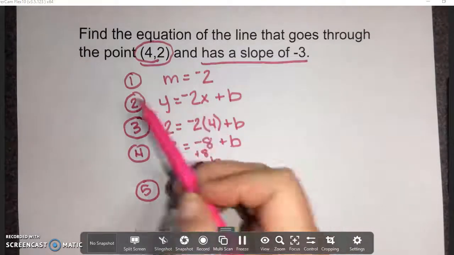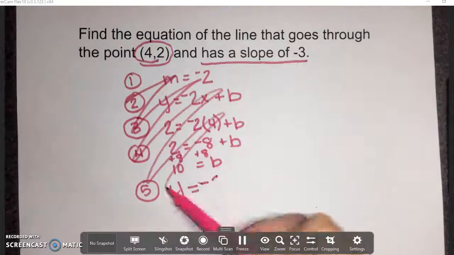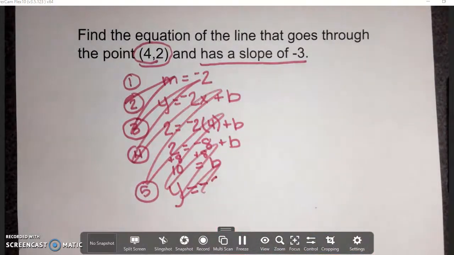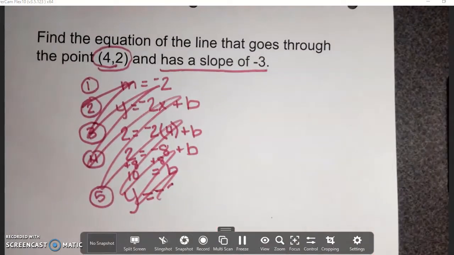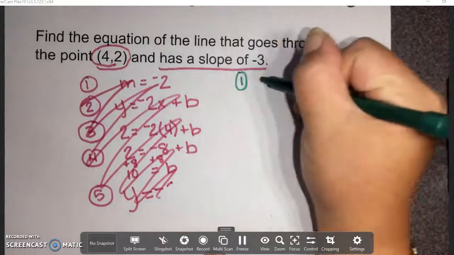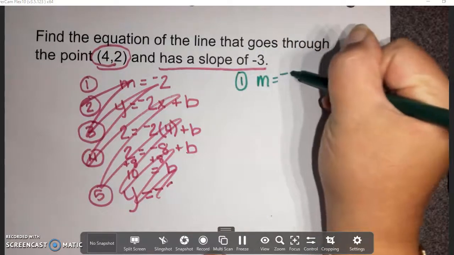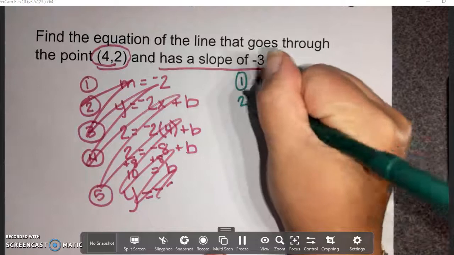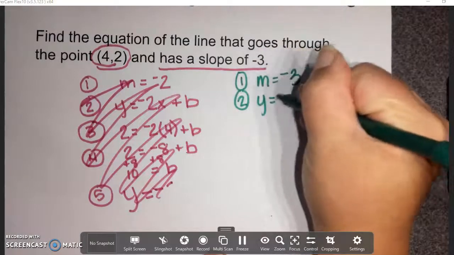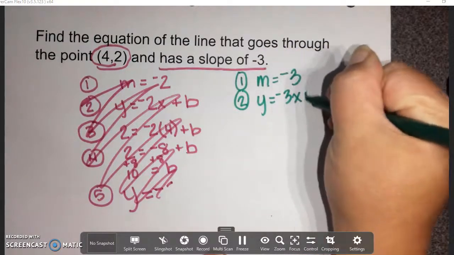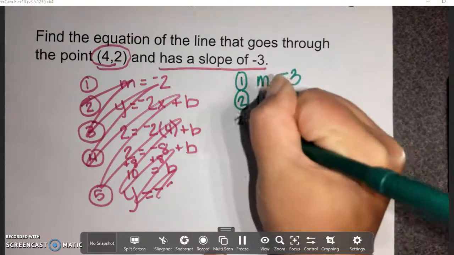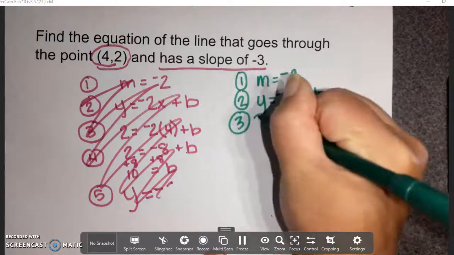Why did I do -2? Y'all, I need y'all here so I don't make mistakes like that. Let's try this again. How many of you were saying, Miss Kabler, what are you doing? First step, our slope, -3. Second step, write it in the equation. Third step, put our point in.